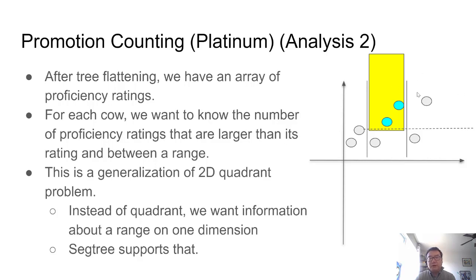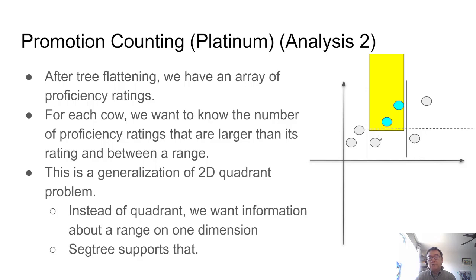It can be viewed as a generalization, because on one dimension it's everything above me, but on the other dimension we have two boundaries. But that's not a problem at all if we're using a segment tree, because a segment tree allows us to do this range query.